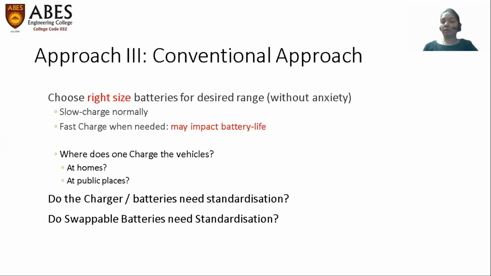So when people are commuting for their jobs, in the parking places at the workplace, the charging infrastructure can be installed, and slow charging of batteries is quite possible. But then what would it require?